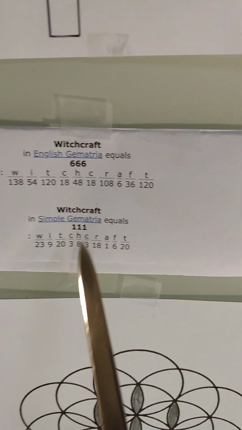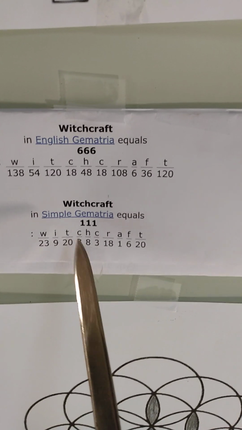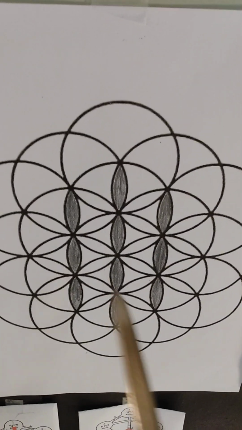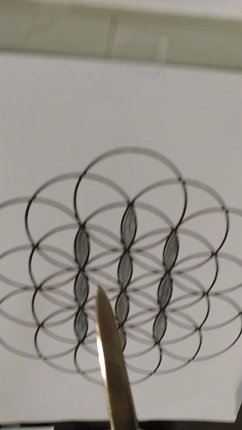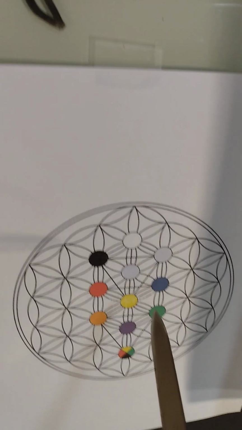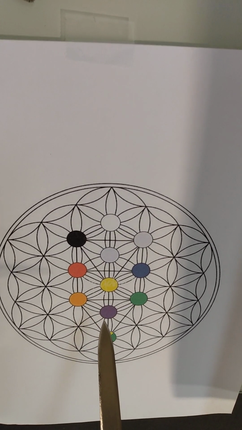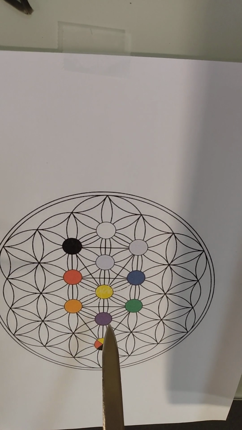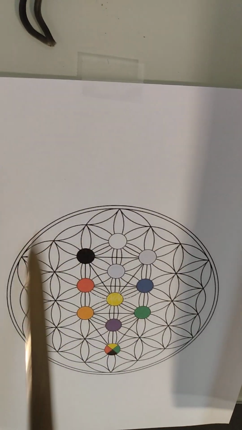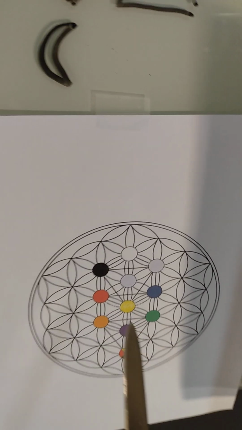And also in simple gematria equals 111, and you can see it here. And this became this, which is your tree of the Kabbalah, as well as the tree in the middle of the garden in heaven.